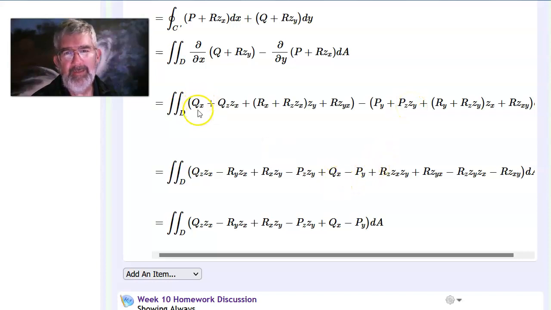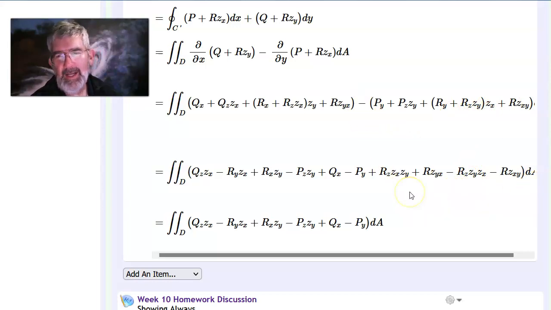The q x is that first one right here. The minus p y is that thing right there. And then there's a bunch of other stuff that's also in there. So there's this r z z x z y, and this r z x y, and there's these two that are on the end with minus signs in front of them.